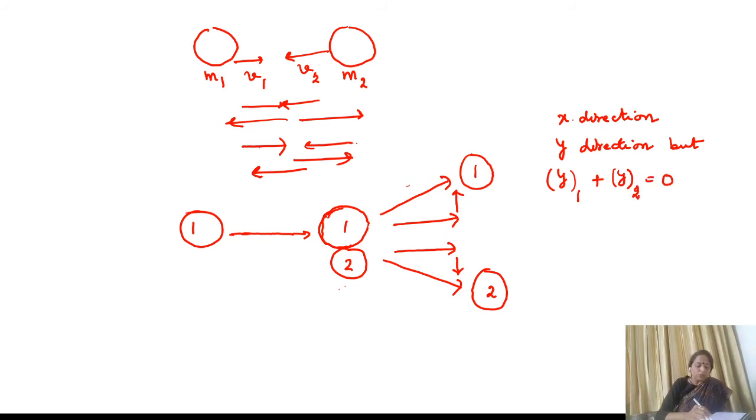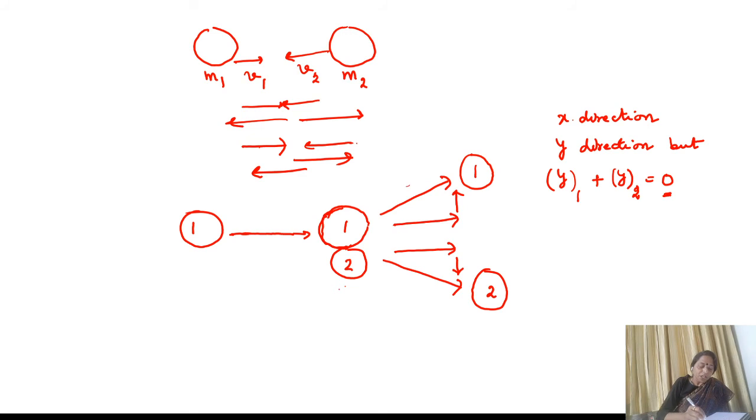You can see that both are having opposite directions and the momentum will be the same in the two directions, and because the direction is opposite, when you add the two you will get 0. The reason being, the conservation of momentum says that if before the collision there was no momentum in y direction, it will remain the same even after collision. That means even after collision the momentum in y direction will be 0.